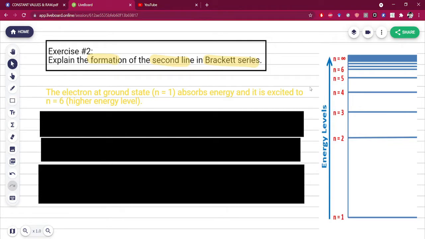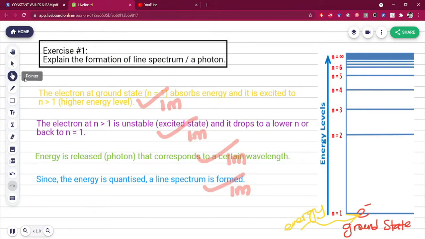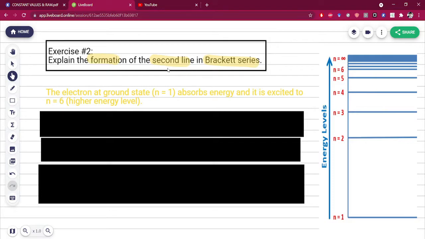Right now, it's quite specific. If you compare with what we have done over here, because it doesn't state specifically what sort of line you want to explain, you can write in general form. But right now, you have the second line in Brackett series. So you need to mention specifically where the electron from the ground state, after absorbing energy, will be excited. In this case, it will be excited to n equals 4.